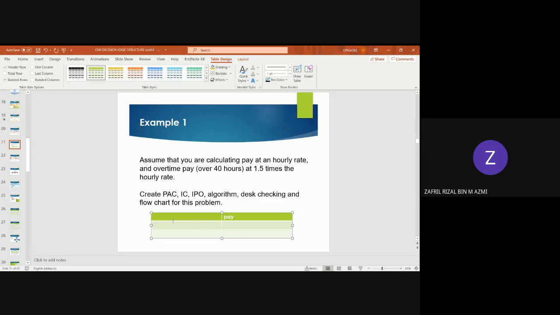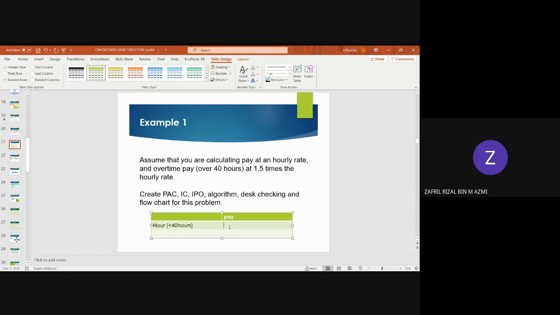Per hour. Okay. If it is per hour, meaning that the hours should be less than 40, right? Yes. Okay, so the calculation will be per hour.